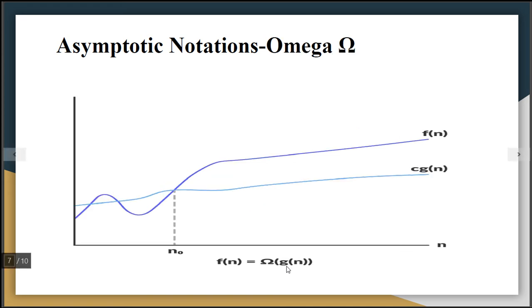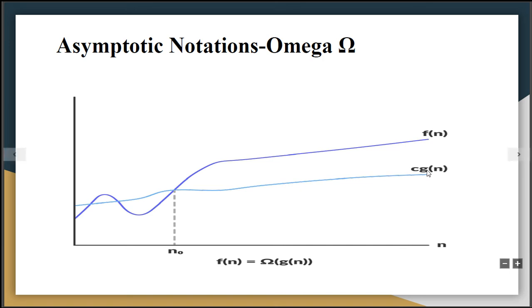There is one more notation, that is omega. In this case, the situation is exactly opposite. The predicted value is always less than the actual value. Consider the architect is telling us that g of n is 90 lakh rupees and you will require 2 years for the construction.